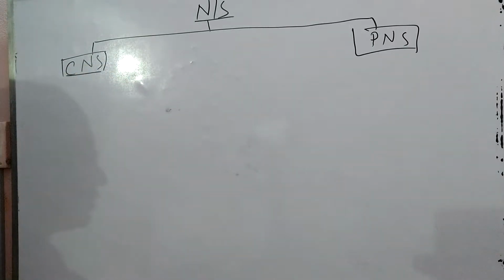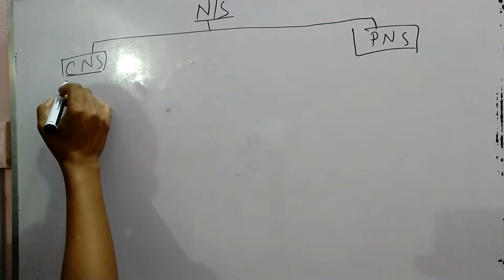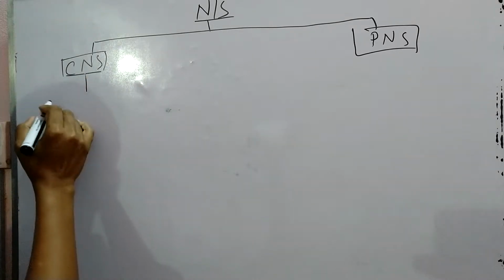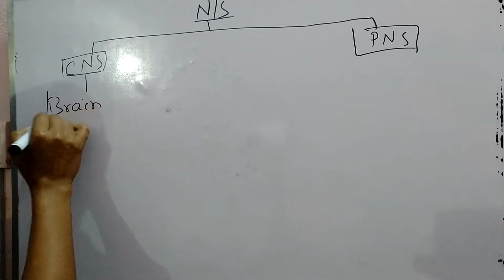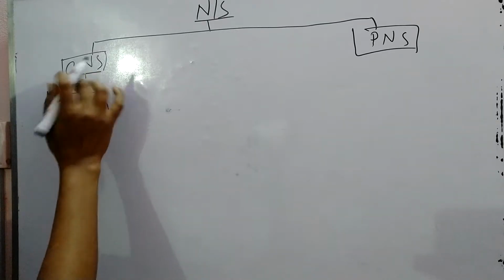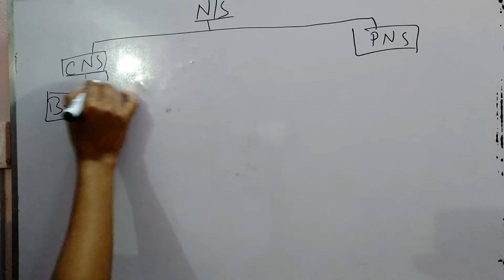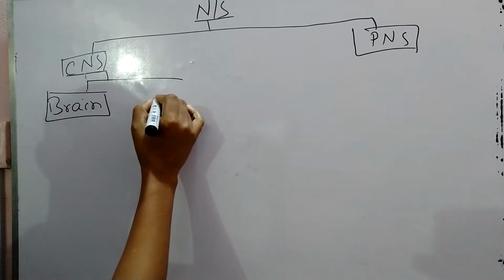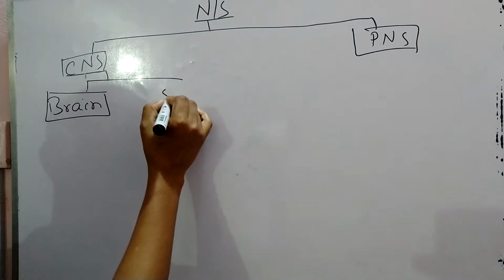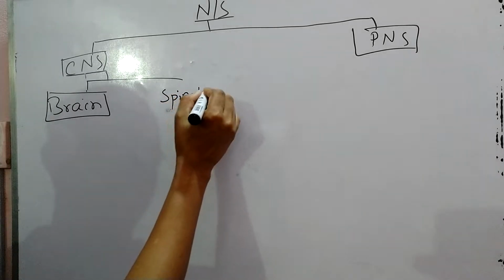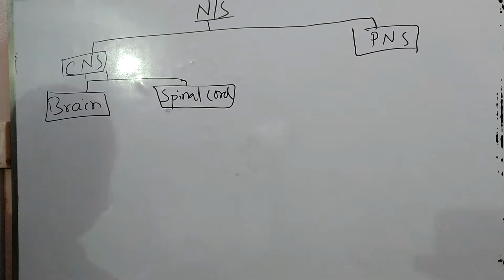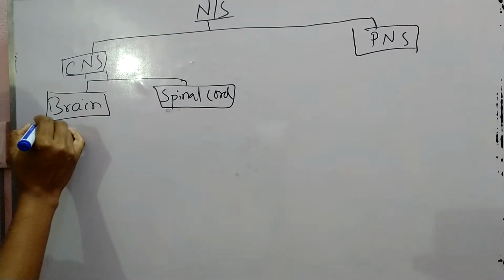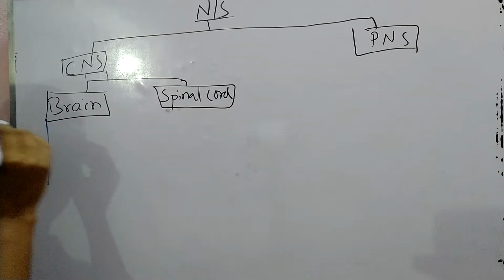Again, central nervous system can be divided into two parts anatomically: brain and spinal cord. The brain has several parts.